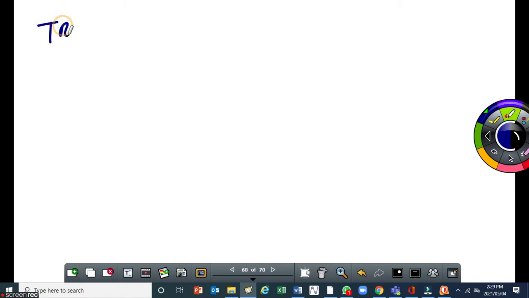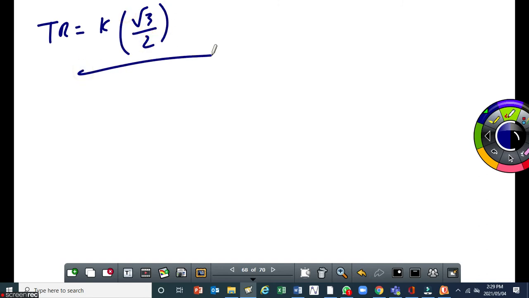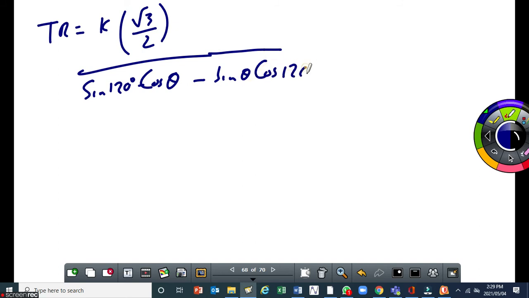So TR is equal to K. Now what is sine 60? It's square root of 3 over 2. That's all over. Now sine of 120 minus theta, I can write it as sine 120 times cos theta minus sine theta cos 120 degrees. So my TR is going to be equal to K times square root of 3 over 2, all over.